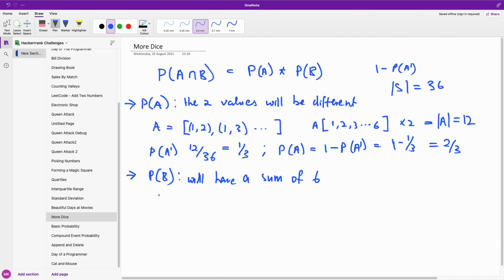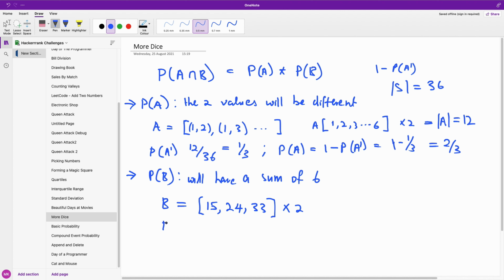B will be a set of this: let's start from (1, 5), then (2, 4), and we have (3, 3), right? I think I got everything. I'm not sure there's any other combination that's going to give us 6, but we're going to multiply by 2 since we have 2 of them.